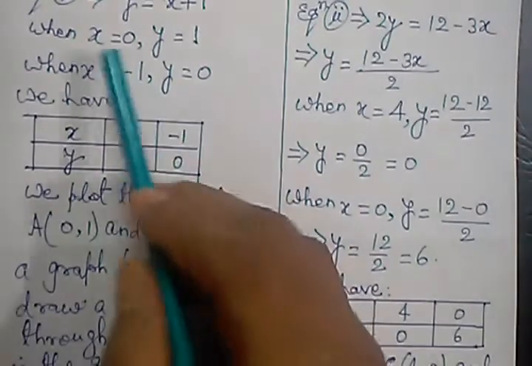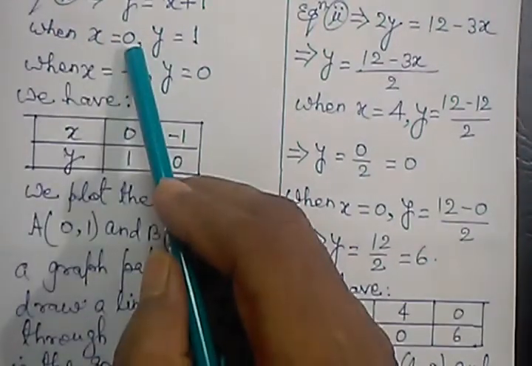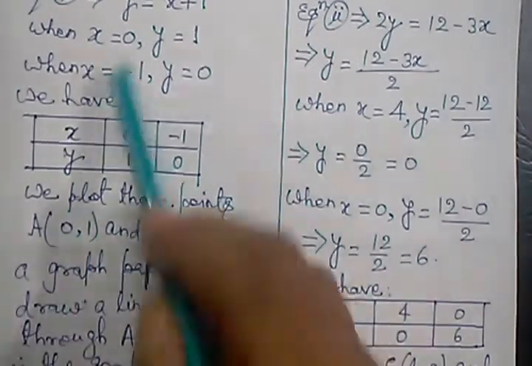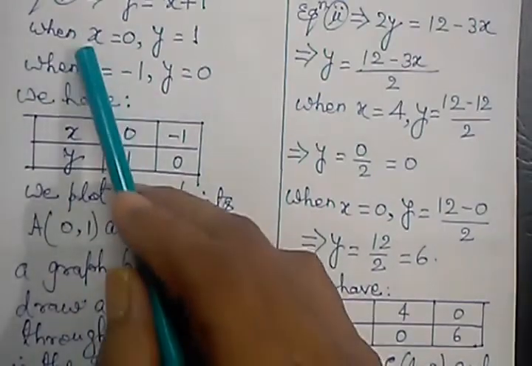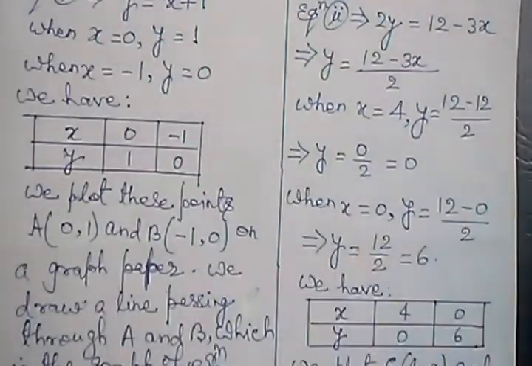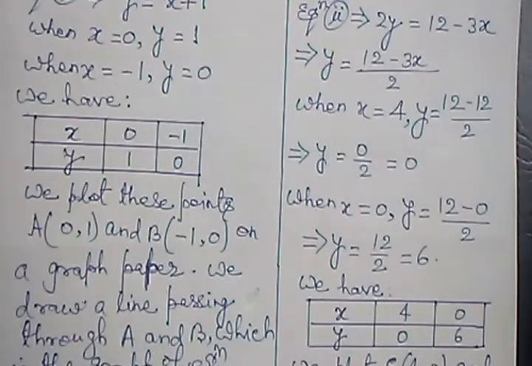You can take x equal to 1, 2, 3, 4, 5 in this way, and choose that value of x which gives the value of y as an integer or whole number. There should not be any fraction, because this will be convenient for you to draw the graph.